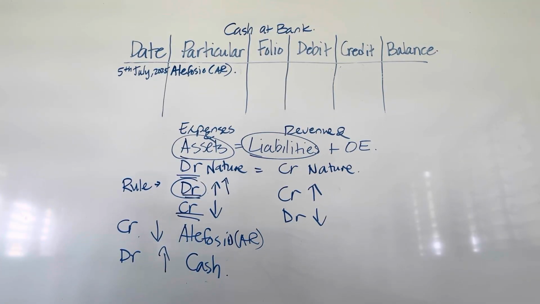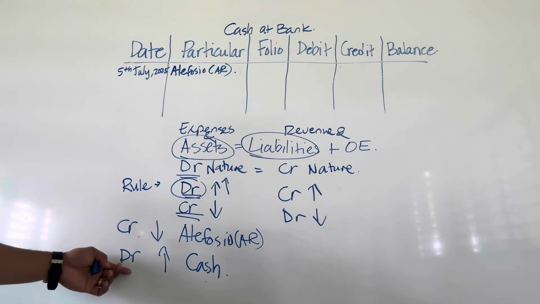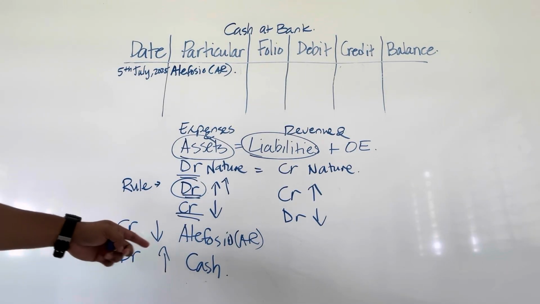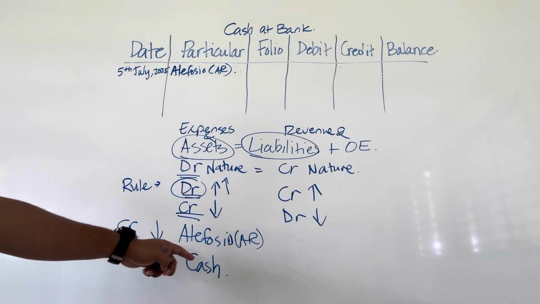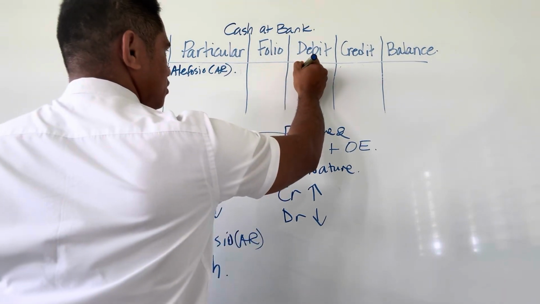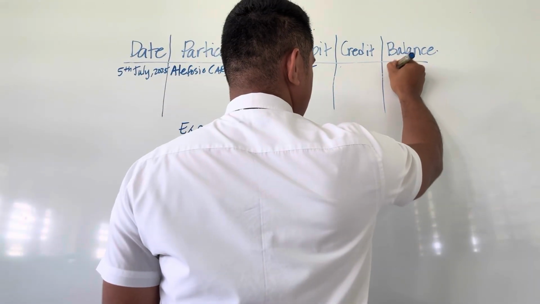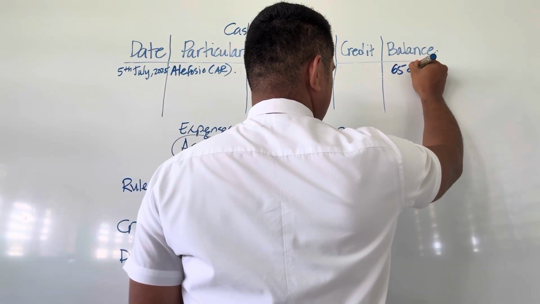Debit or credit? The entry for cash is debited, because it increases the value of the cash received from the account receivable. So the amount $65 in the cash at bank ledger should be recorded under the debit column. That is $65 debit, and the balance is the same, $65 debit.